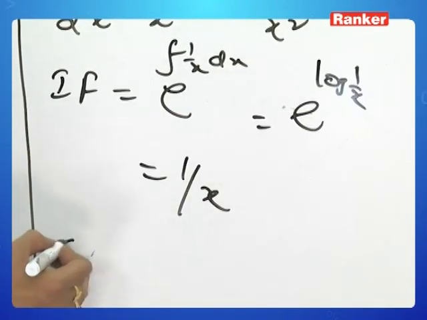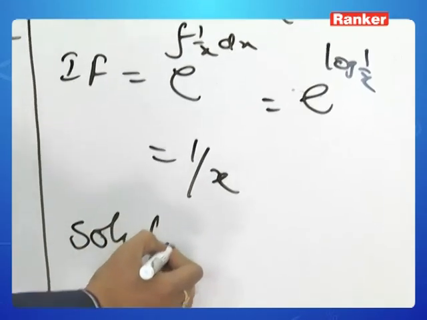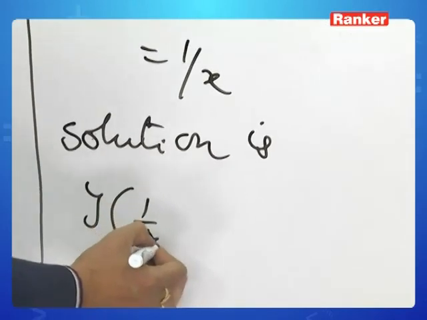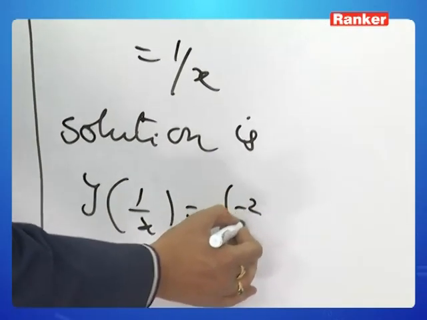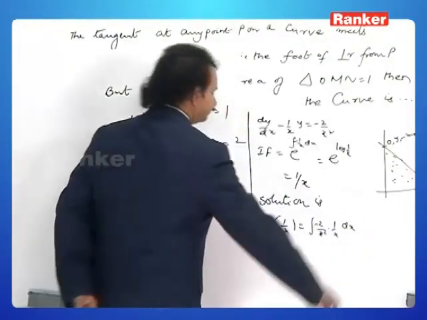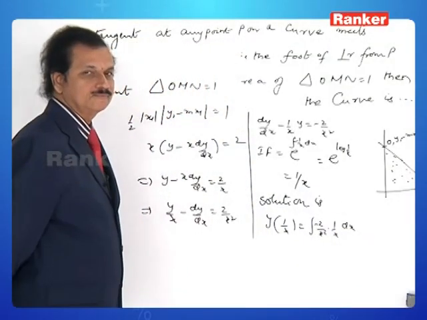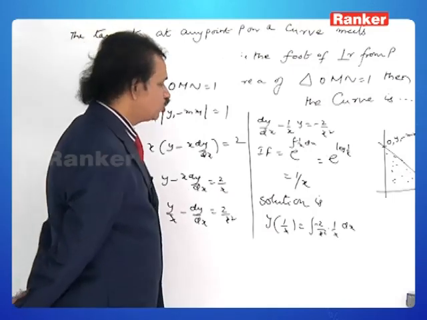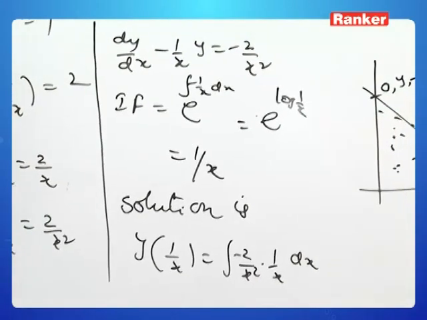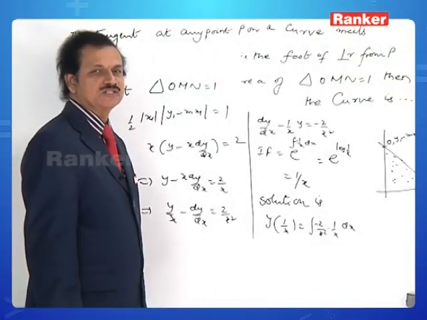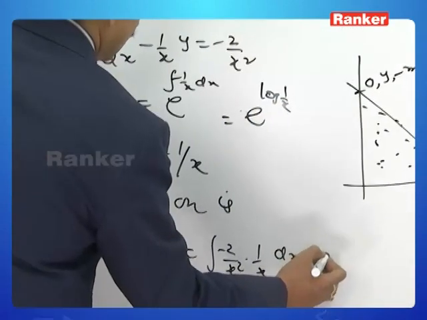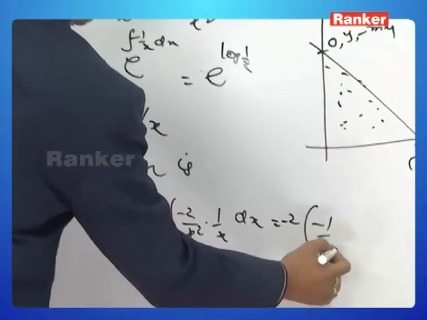Well done. Solution is y into integrating factor is equal to integral of minus 2 by x square into 1 by x dx. It is minus 2 by x cube. You bring minus 2 out. Integral of 1 by x cube is minus 1 by 2x square, isn't it? So this is minus 2 into minus 1 by 2x square.